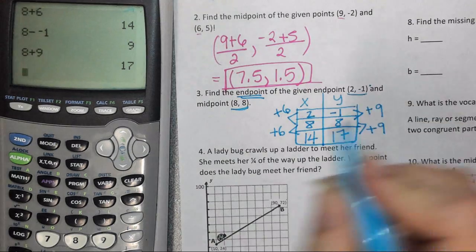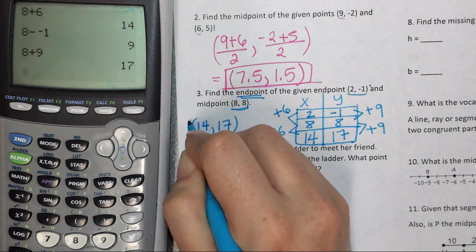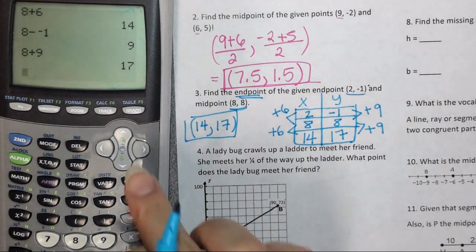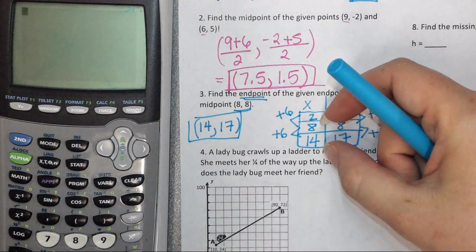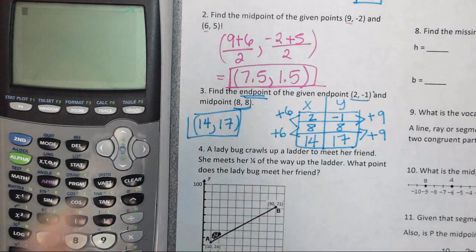So I do that again. And my other endpoint is at (14, 17). If you want to double check, you can always go back and treat these 2 points like your endpoint and then use the midpoint formula.